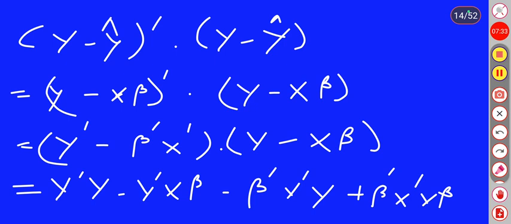In the next line, we get y prime minus beta hat prime x prime in the first bracket, multiplied with y minus x beta hat. If we multiply both the terms, we get y prime y minus y prime x beta hat minus beta hat prime x prime y plus beta hat prime x prime x beta hat.